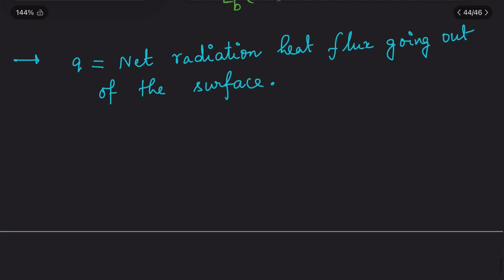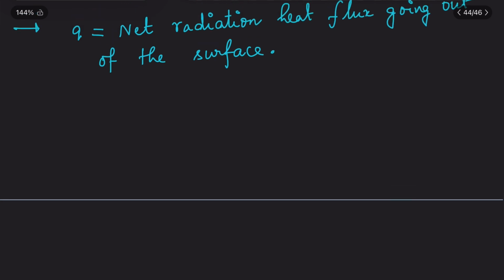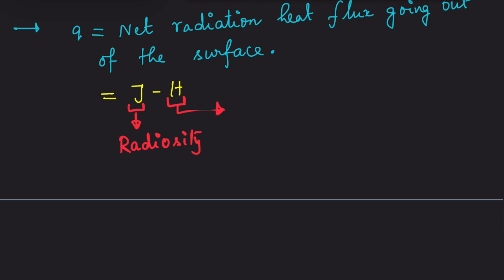Already I have told that q is equal to net that is going out, so J minus H. By this time we know that J is what we call radiosity, and H is what we call irradiation.